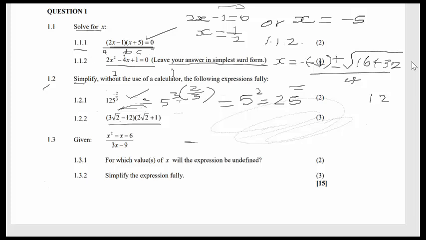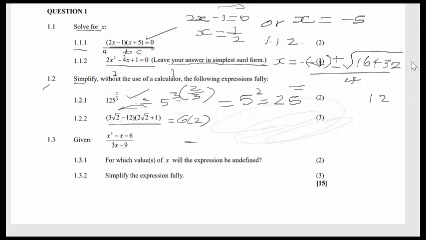So 3 times 2 is 6, and the square root is cancelled, and it's 2 again. So we get 6 times 2, and then move on to the next one.